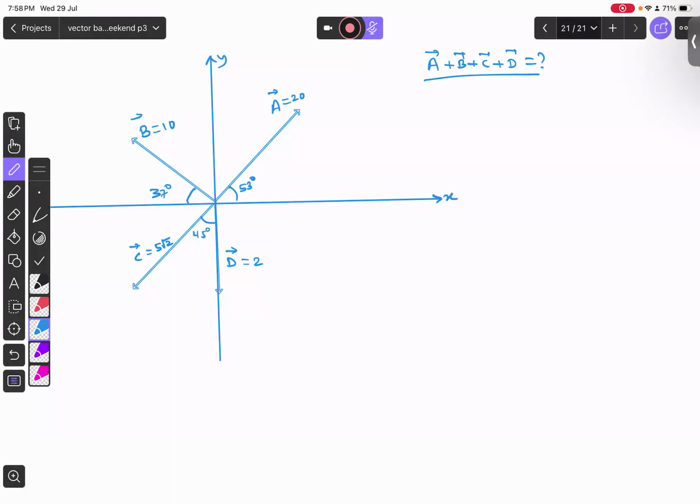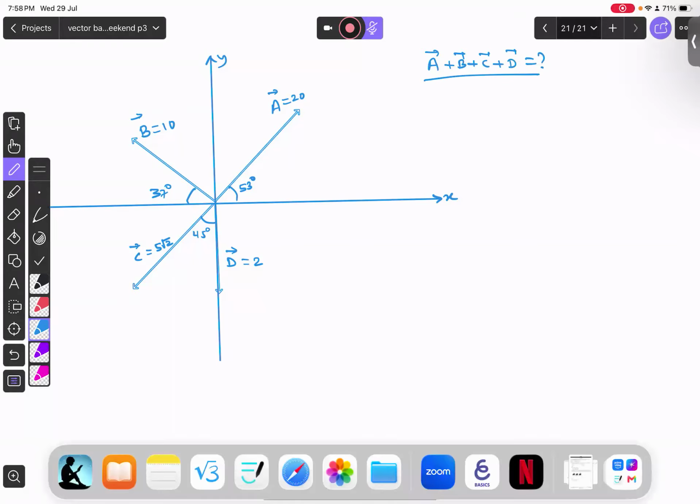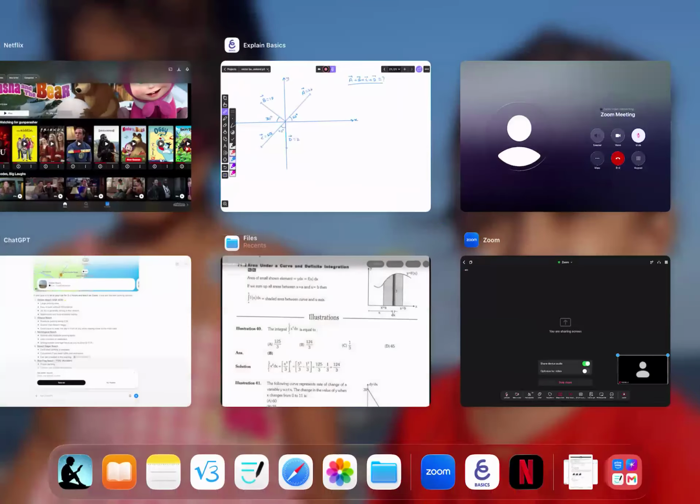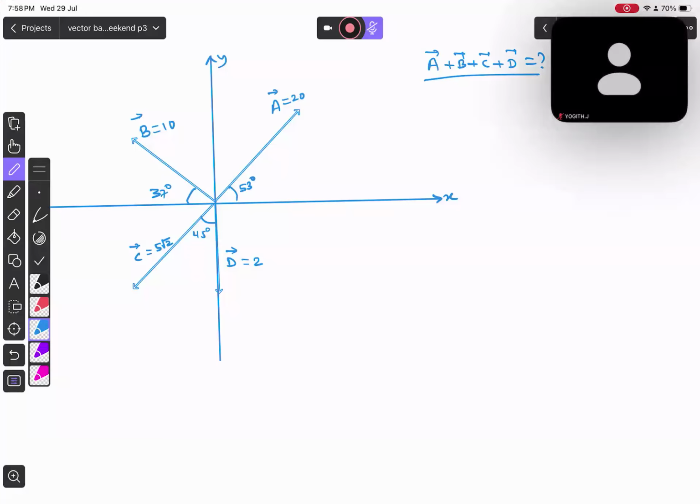Everyone do it. I'll give you 2 minutes. In that time, I will go and bring coffee. So you try this question in the meantime. Can you show the previous page for a second?